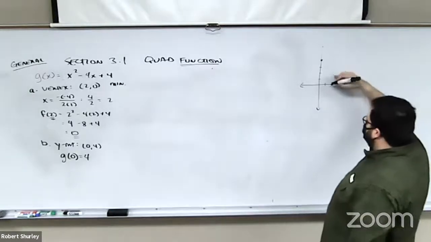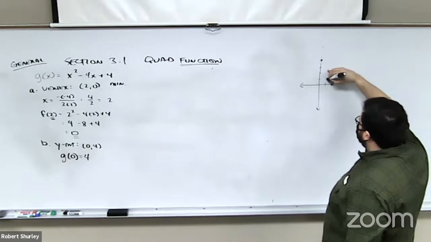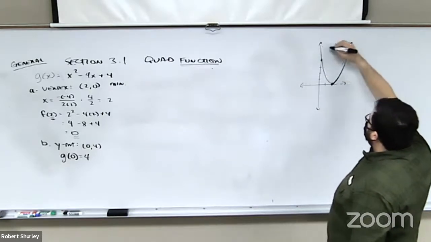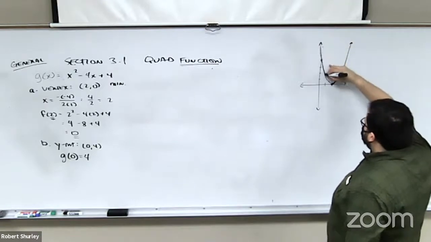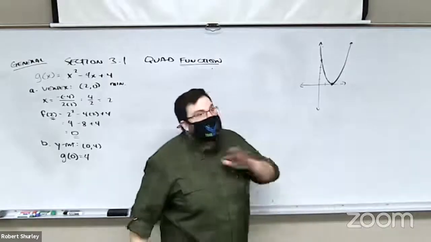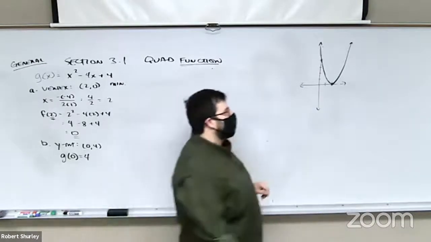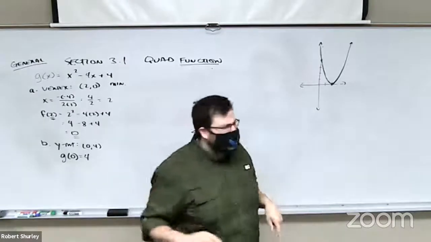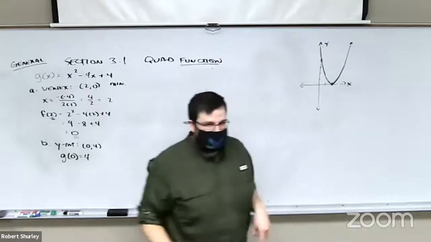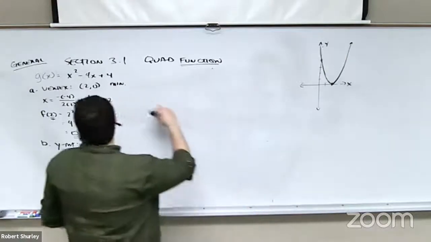We don't have to find the x-intercepts again, because check this out. If that's my vertex and I go up, it looks something like this. I'm going to say this bounces off the x-axis. That's the terminology I'm going to use because we're going to talk about it more, I think in the next section or a section after. It bounces off the x-axis, so what that means is we've already found the x-intercept.